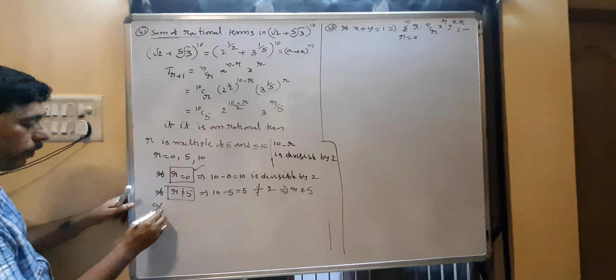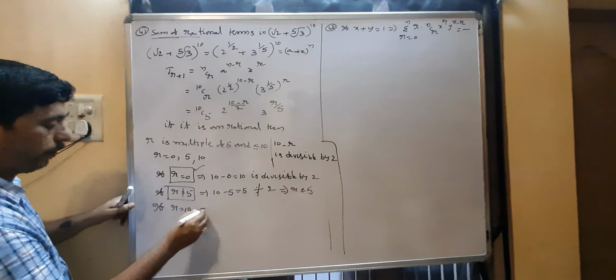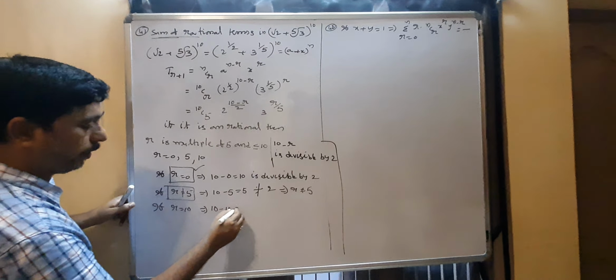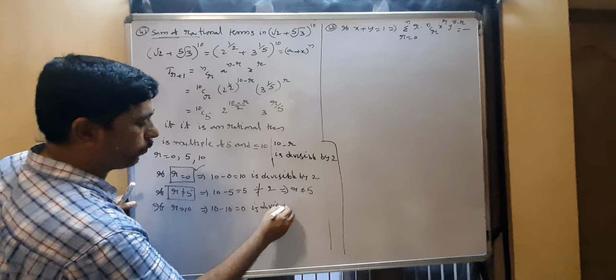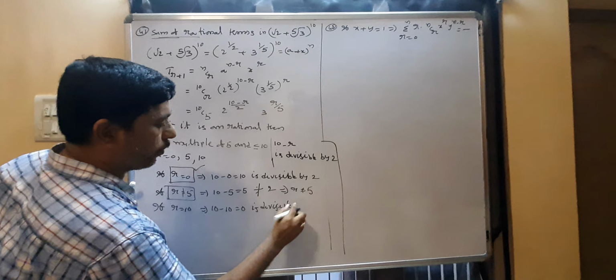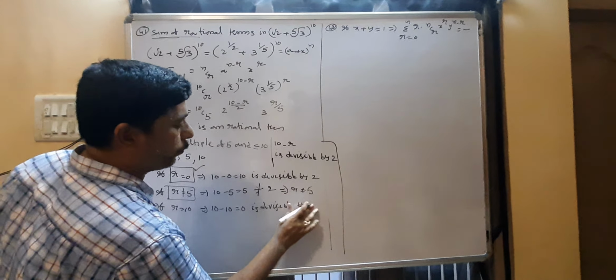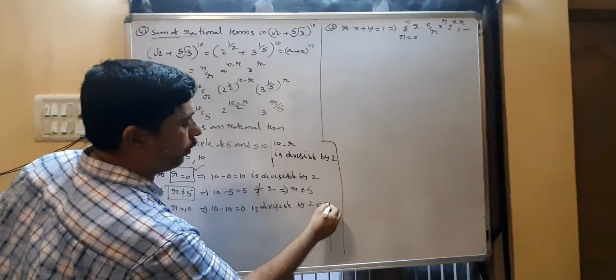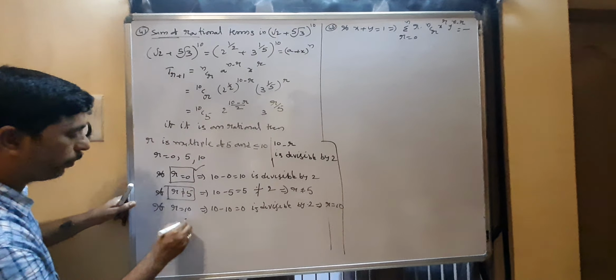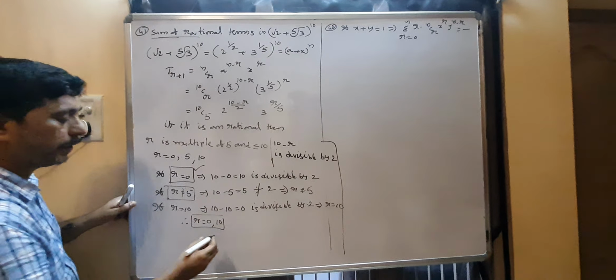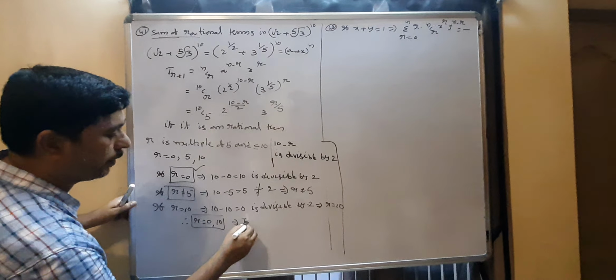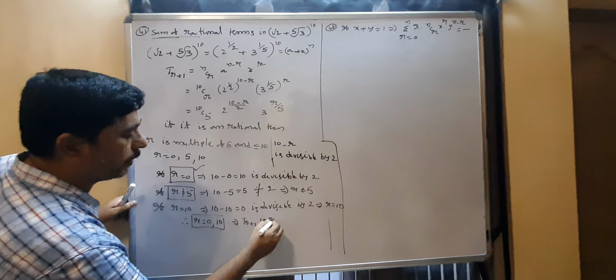If r equals 10, then 10 − 10 = 0 is divisible by 2, so r = 10 is possible. Therefore, for r = 0 and 10, T(r+1) is rational.